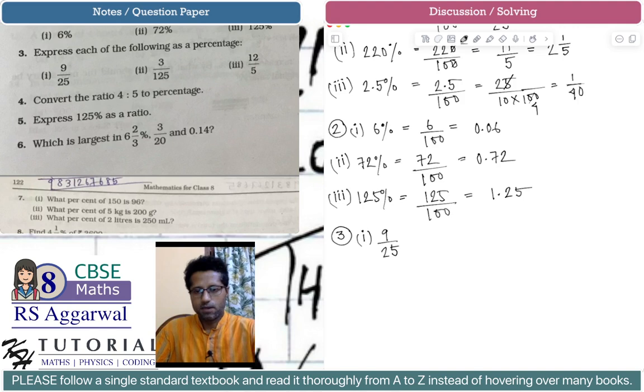We just multiply the given fraction by 100. So as a percentage, 9 by 25 will be equal to 9 by 25 multiplied by 100 percentage. Now 25 cancels 100 with 4, so this is equal to 36 percentage.